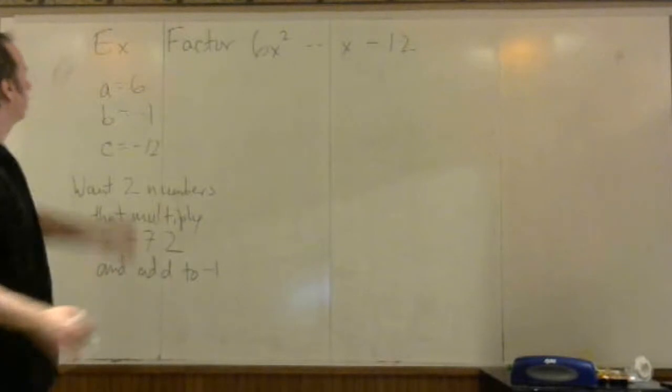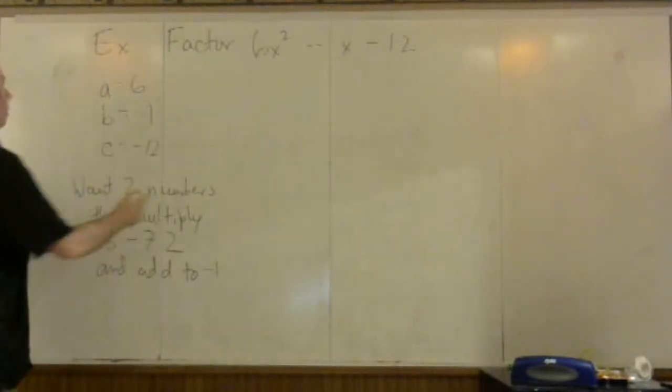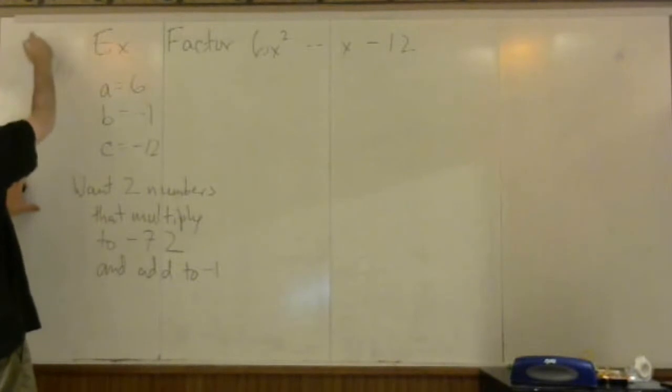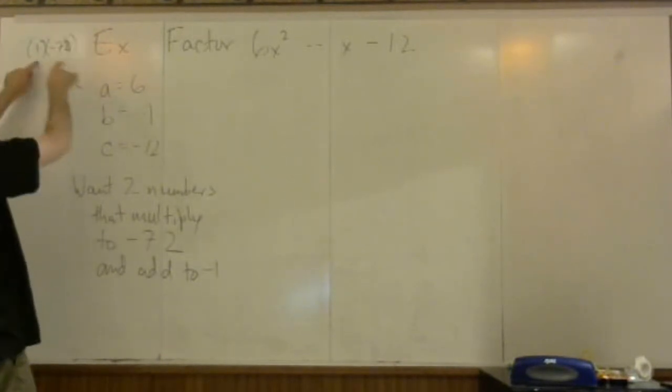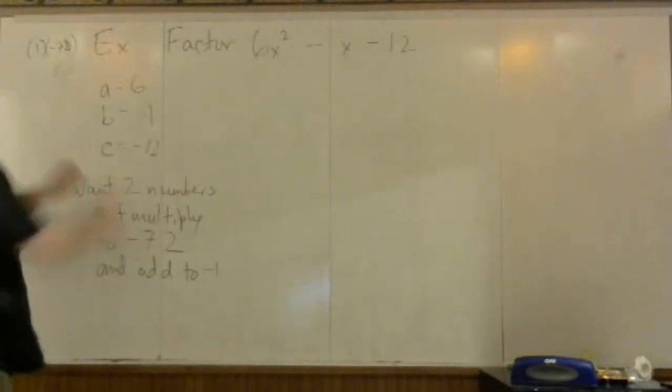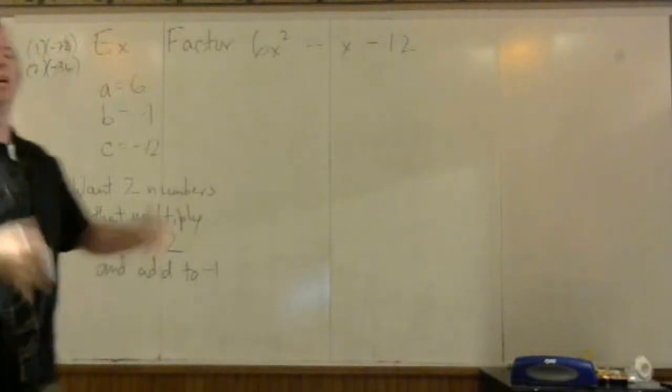I can make a list of all the pairs of numbers that multiply together to be minus 72. So I can start: 1 times minus 72 works, 2 times minus 36 works, and so on.